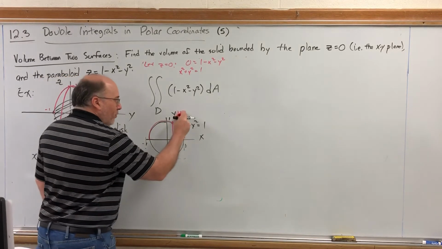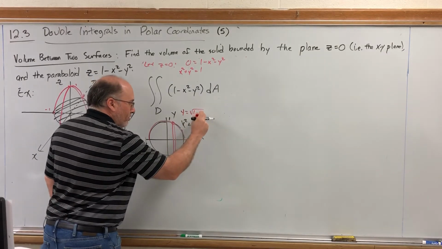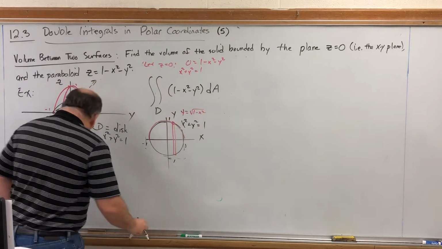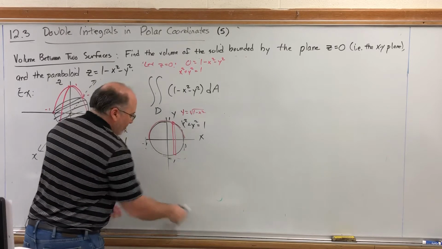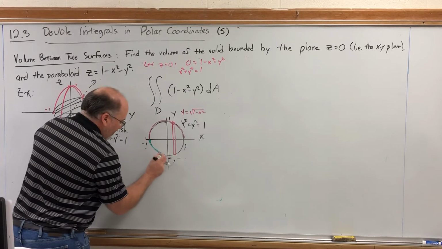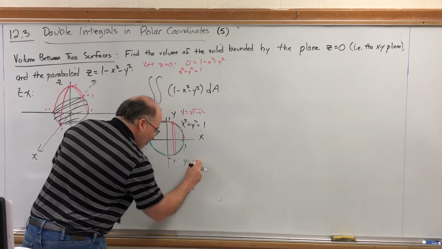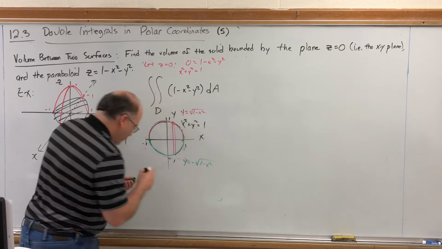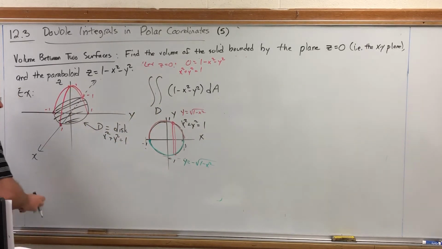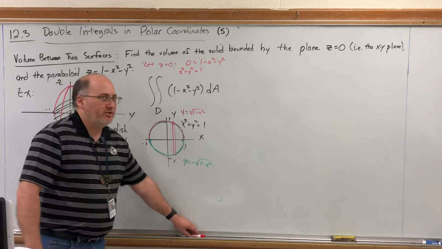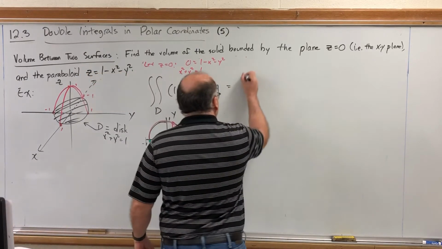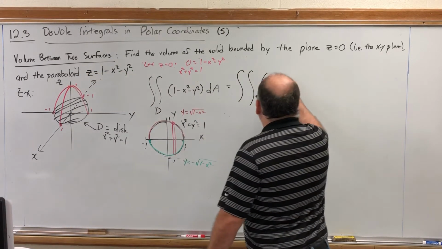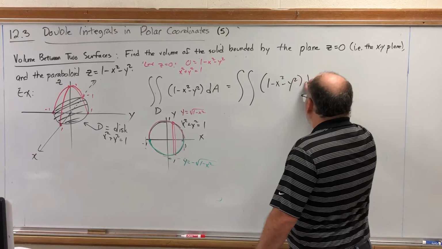If you solve this for y, you would get y equals the square root of 1 minus x squared. What would the equation of the bottom half of the circle be? The same thing except negative: y equals negative square root of 1 minus x squared. What that means is if we were to try to integrate this in terms of rectangular coordinates, integrating the integrand would be easy.